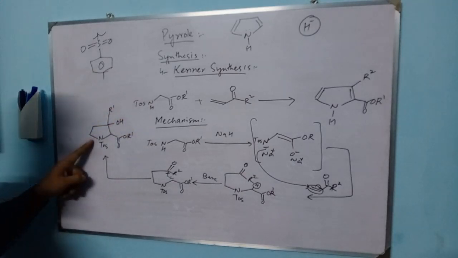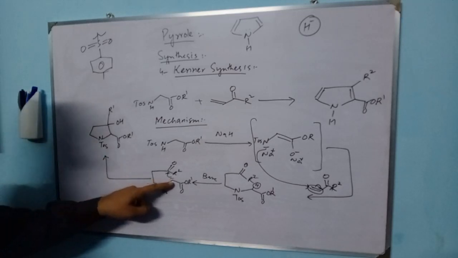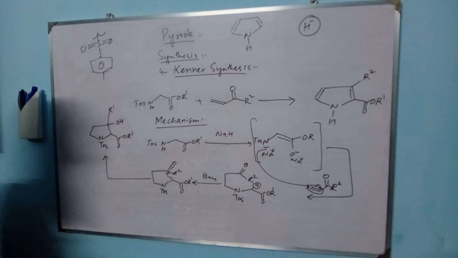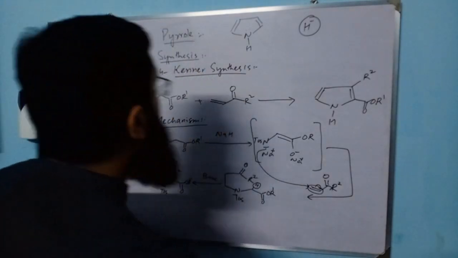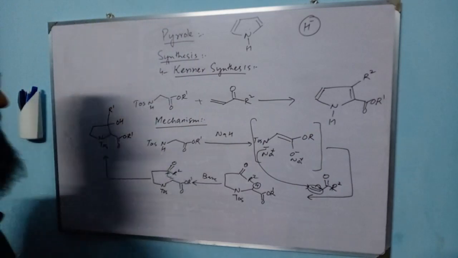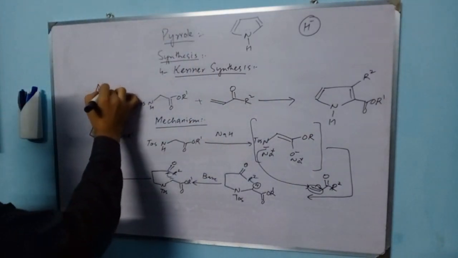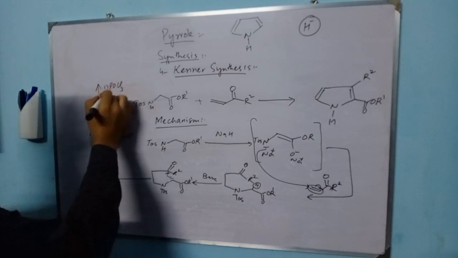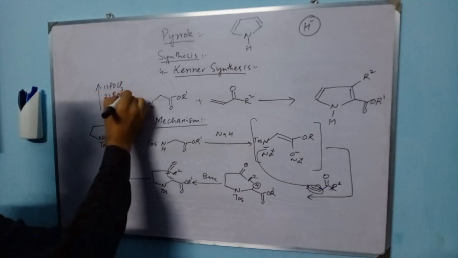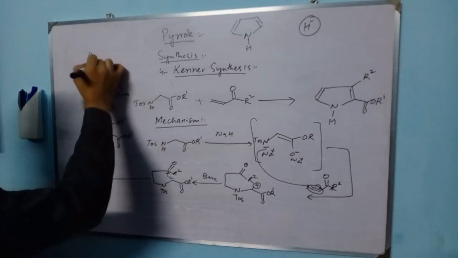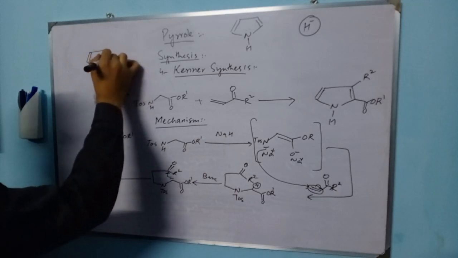Now this molecule is obtained as a result of this addition of this anion to this carbonyl, and after that, when this molecule is treated with phosphoryl chloride and sodium alkoxide, we get pyrrole derivatives.